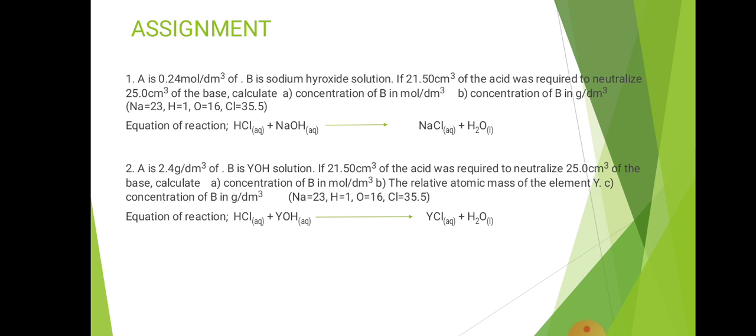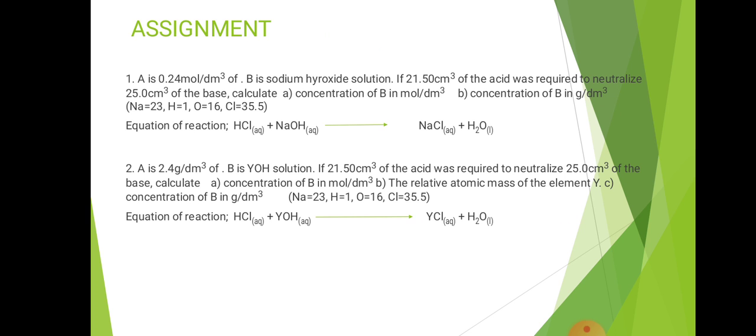In the second question, you are given that 2.4 gram per dm cube of A is reacted with Y hydroxide solution. And we are told that 21.5 cm cube of the acid neutralized 25 cm cube of the base. You have to deduce the concentration of that base in mole per dm cube.